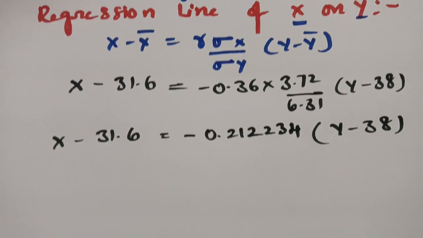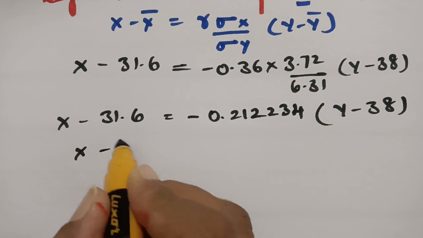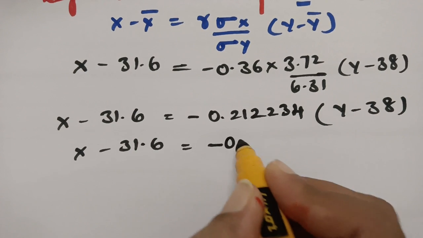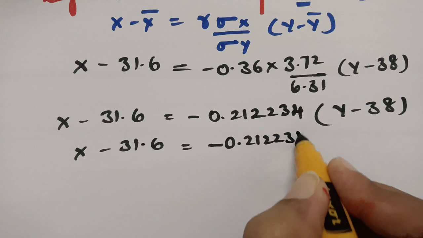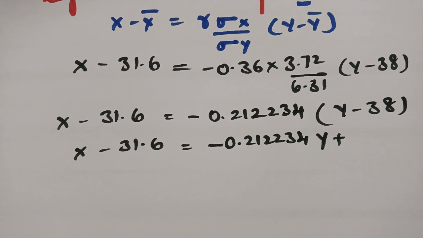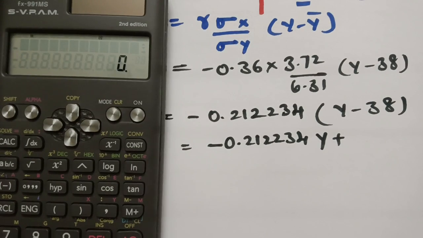Now we have to frame the equation. This will be x minus 31.6 is equal to minus 0.212234 into y, and minus of minus becomes plus, so plus 0.212234 into 38.